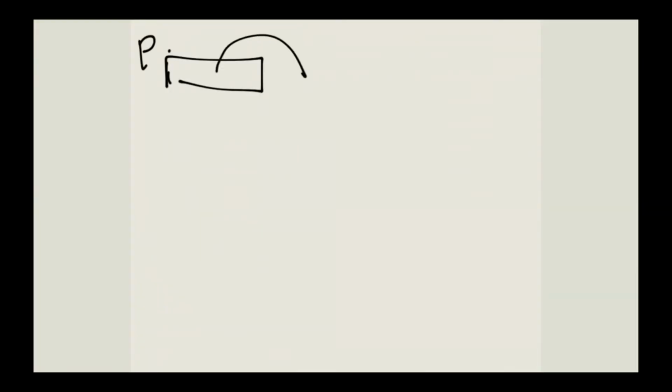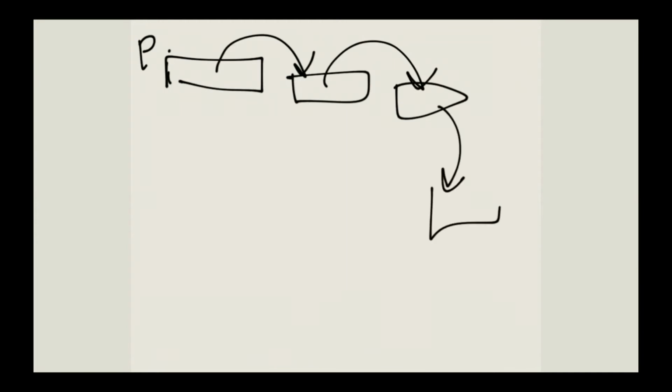Back to pointer arithmetic. So if I have int star star star p, and then I do a dereferencing, I say like star p is equal to this value, is it only going to do one level of dereferencing? Yes. So if I want to access the thing that the last pointer is pointing at, then you do star star star P. So P points to one block, points to another block, points to another block.